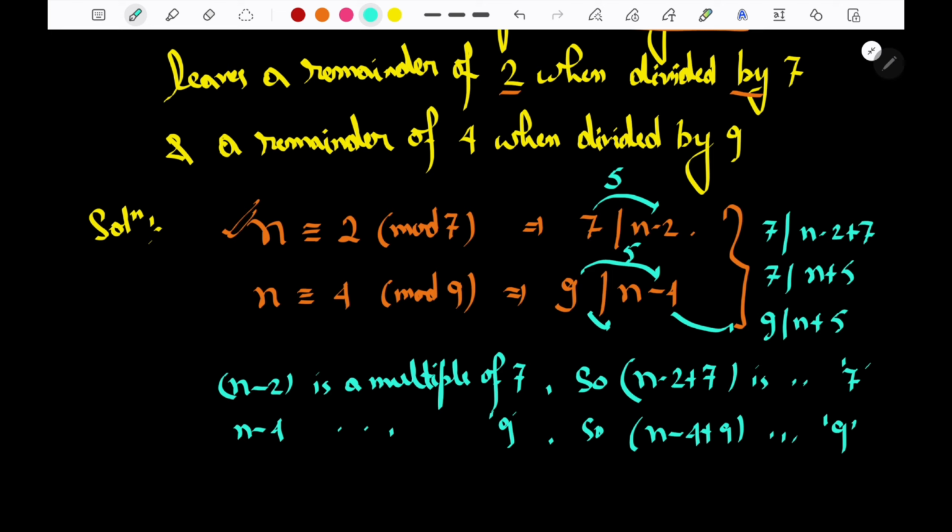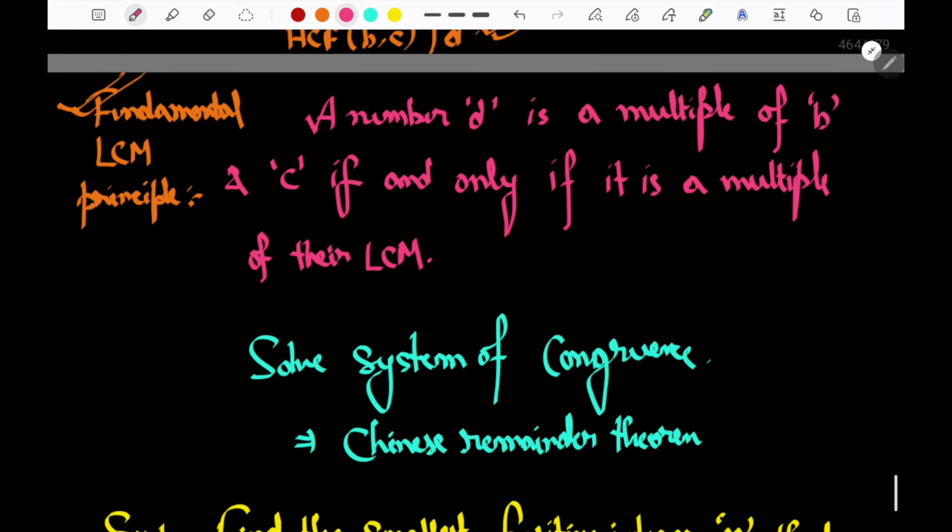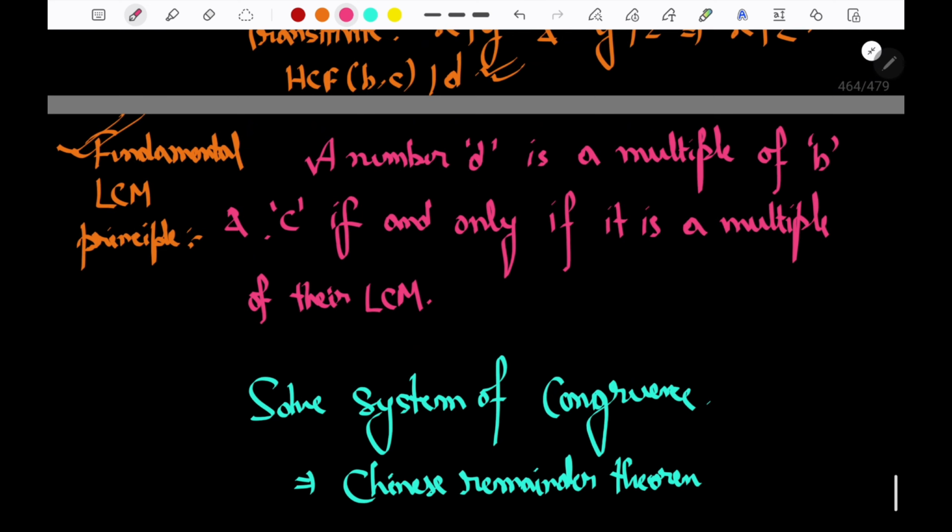Superb. What is the final conclusion here? 7 divides n plus 5 and 9 divides n plus 5. It means, now check what was written here: a number D is a multiple of B and C if and only if it is a multiple of the LCM.